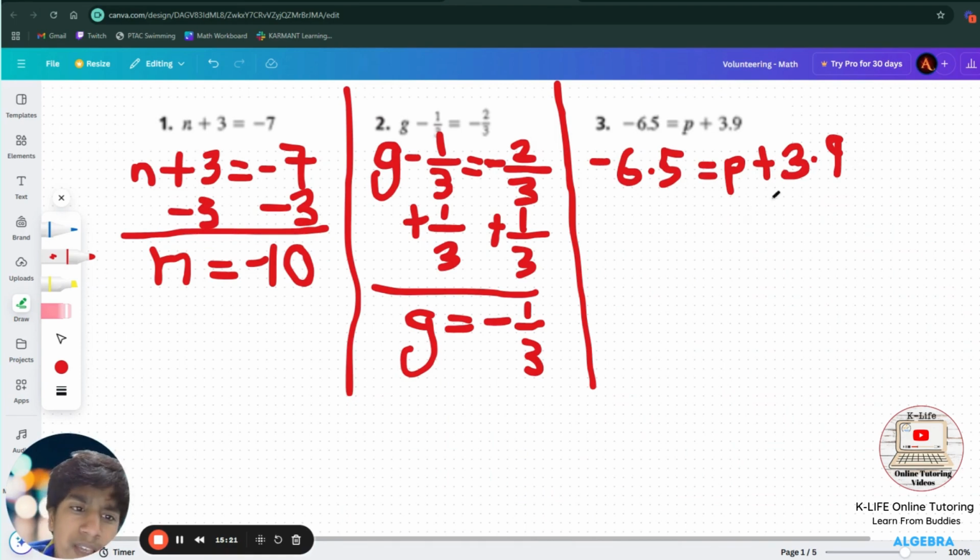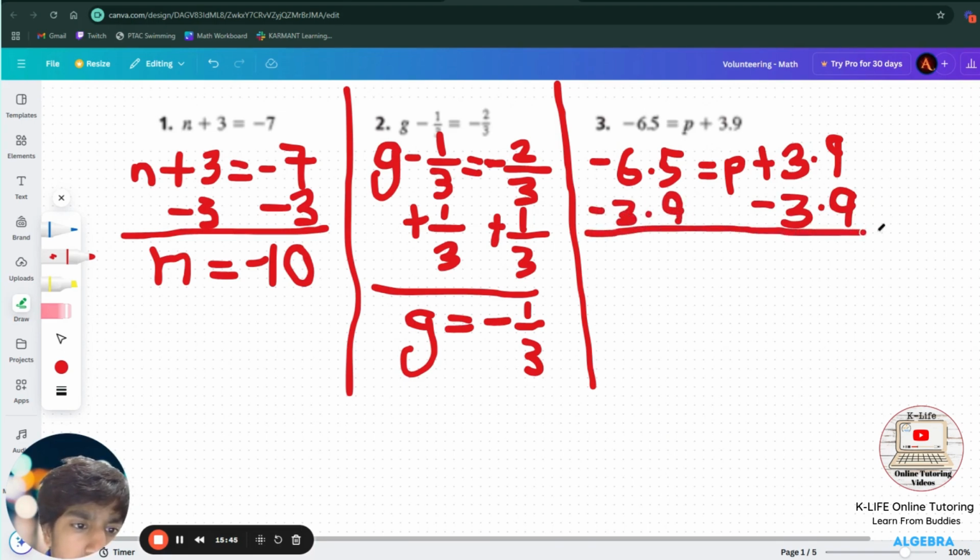So in this case, what you'll have to do is isolate the p. That's your first step. What do you want to isolate? Well, you have to give p a value. Okay, so it's already plus 3.9 on one side. So you have to subtract 3.9 on both sides now.